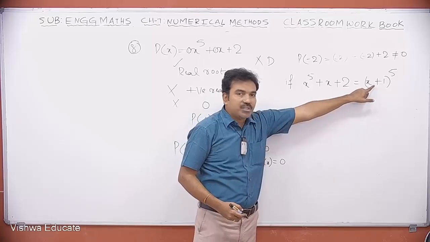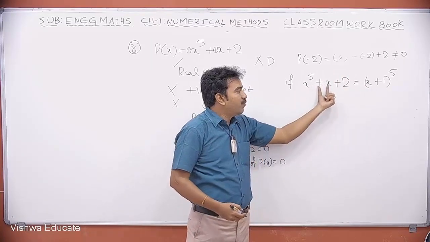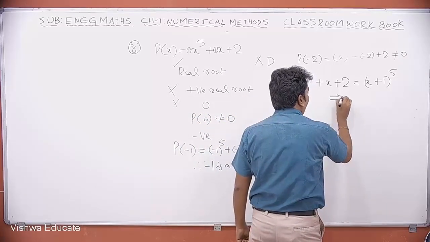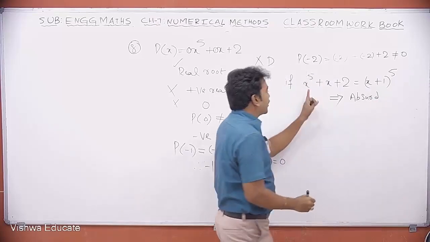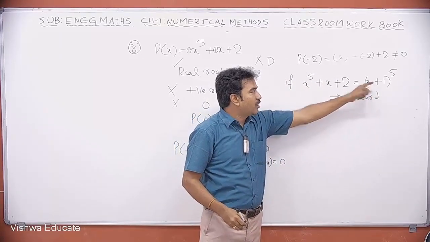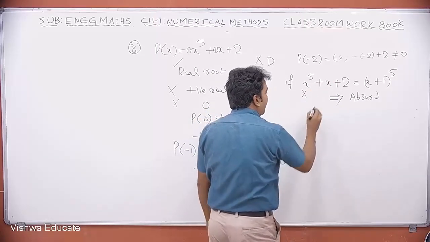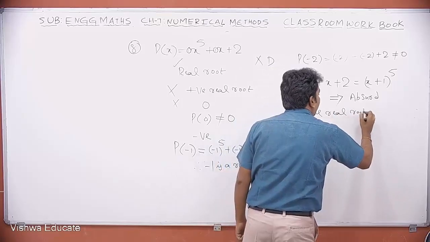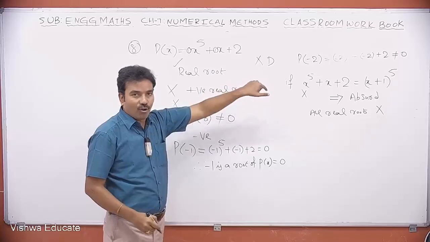Then the right side expression will have x power 4 terms, x cube terms. But here we don't have x power 4 terms. So therefore, this is a wrong statement, which is absurd. So all real roots is again a wrong option. All complex will be again a wrong option.